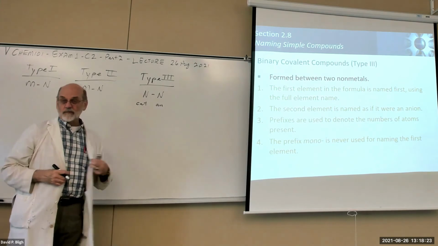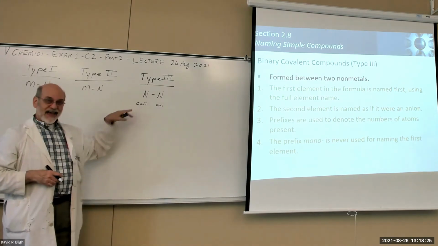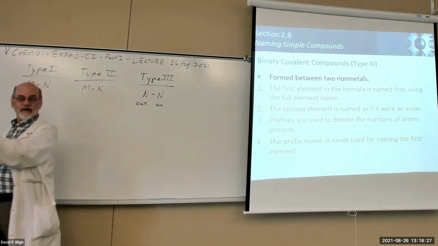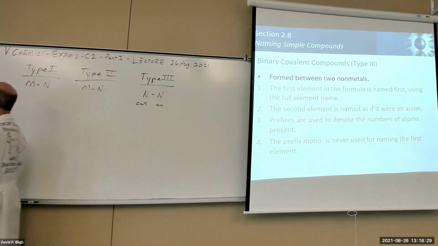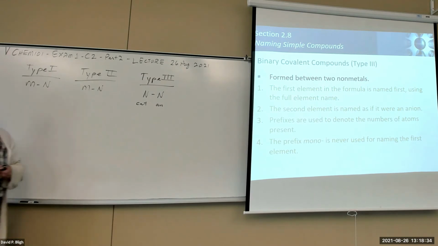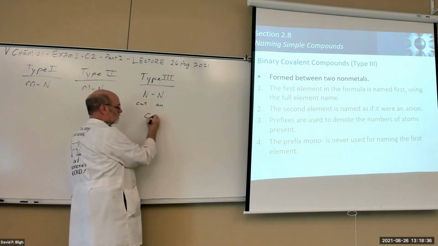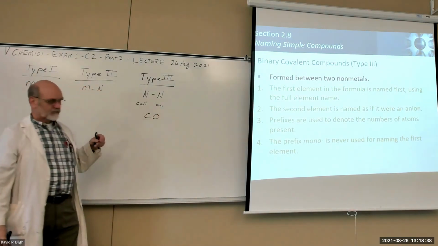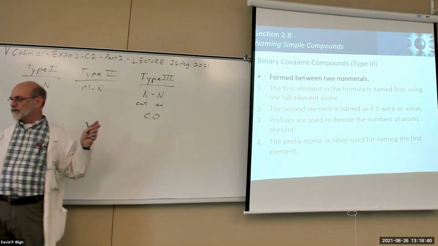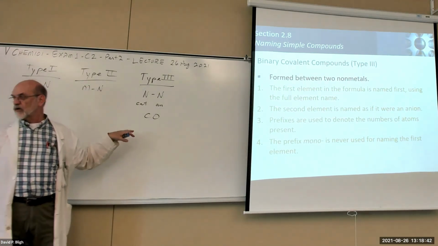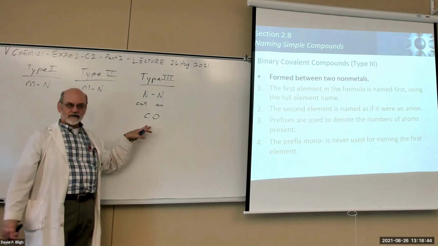Well, as a general rule, the one that occupies the cation position is to the left on the periodic chart. So if we want to form a compound with carbon and oxygen, we put carbon first, like this one. You know, that's the one that you don't want to get trapped in your car in the garage with the motor running. That's carbon monoxide.